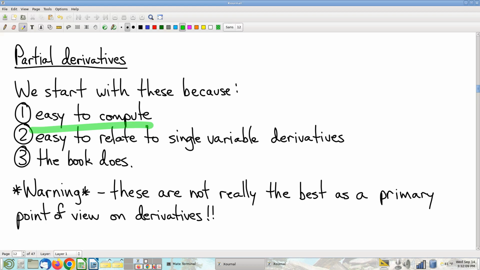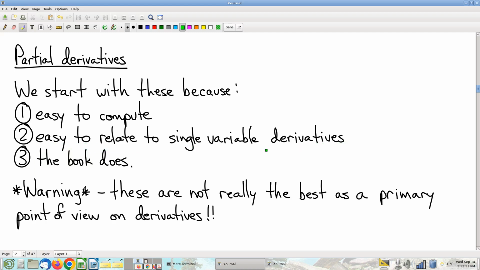We're going to see that momentarily. They're super easy to compute. And having a nice sort of easy first step makes sense. I get that. They're also highly familiar. This is going to look a lot like single variable derivatives, and that's a nice thing. It's a nice sort of gentle first step into multivariable derivatives.